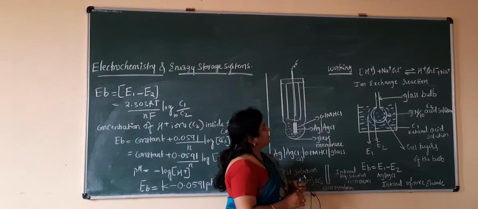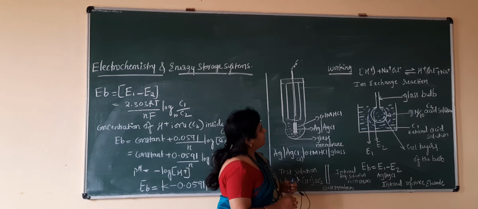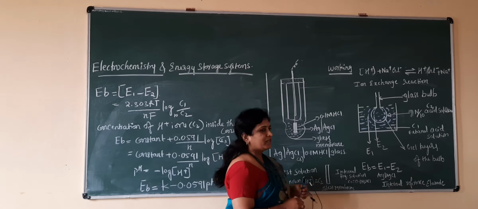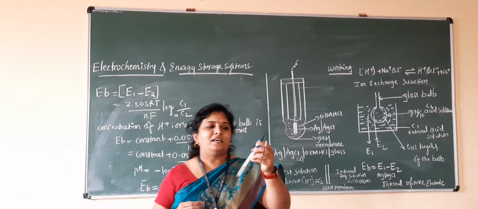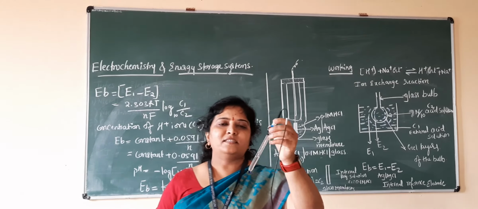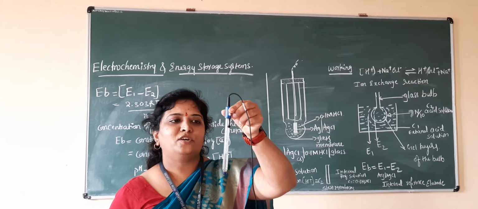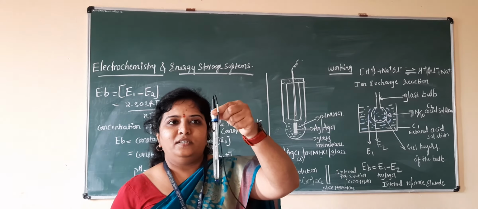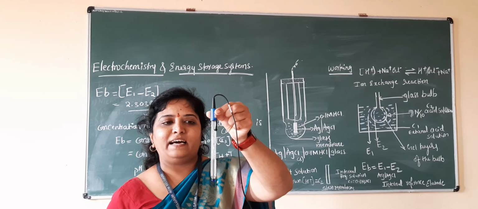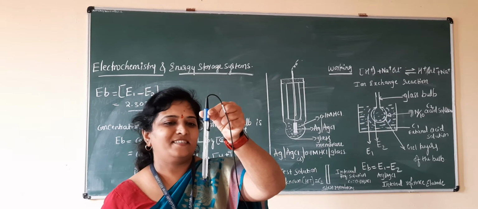Students, we were talking about the working of the glass electrode. Before going to the working of the glass electrode, I just want to show you the glass electrode. The glass electrode will be like this, which we are going to use in the laboratory. This is the glass electrode we have seen in the diagram.